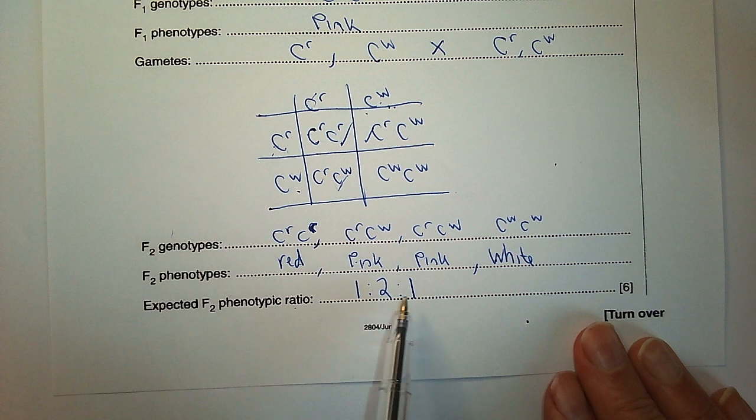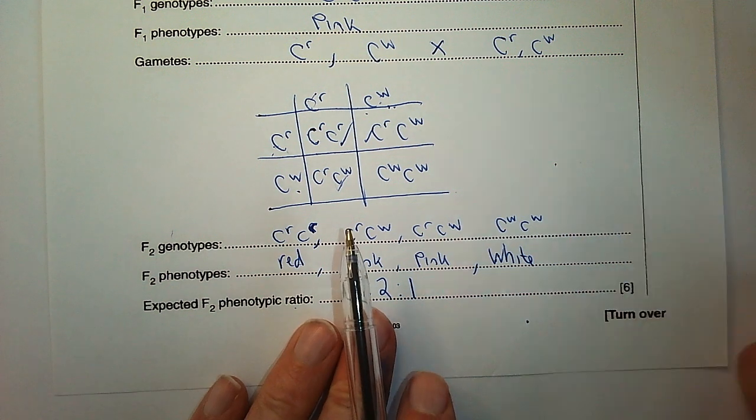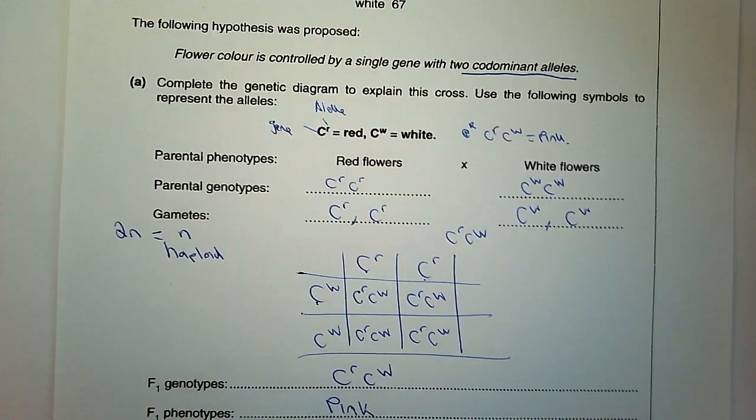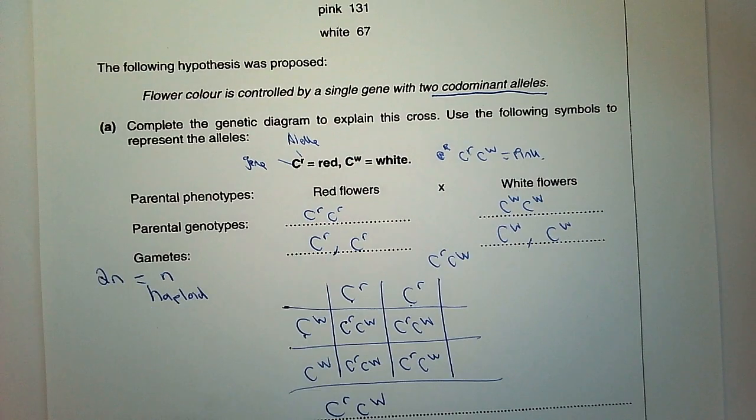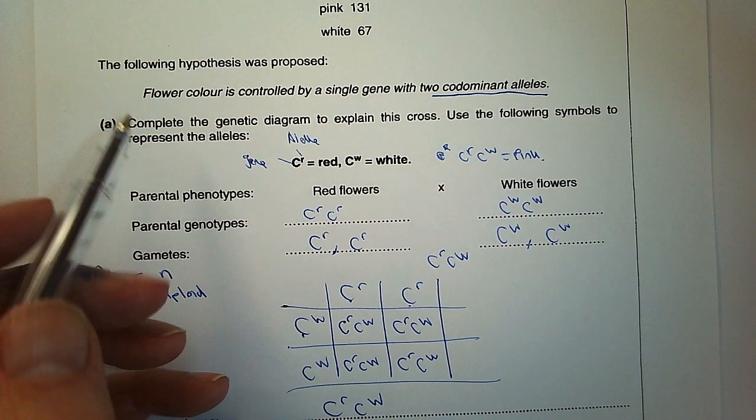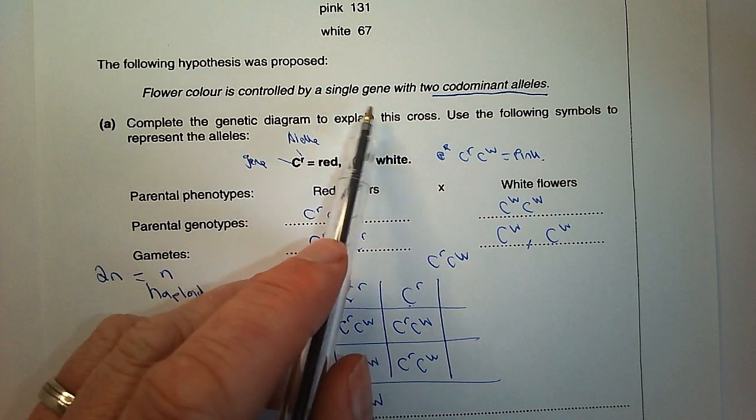And that's the phenotypic ratio for a codominant cross at the F2 generation. So that's this question answered then. We've completed the genetic diagram to explain this cross.